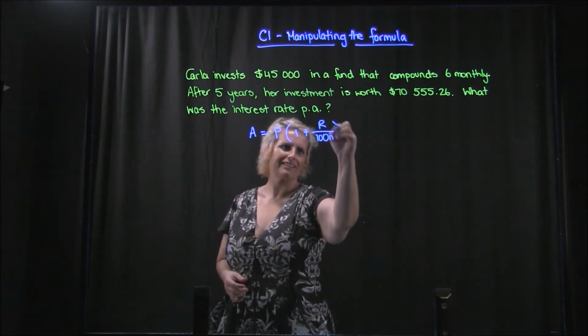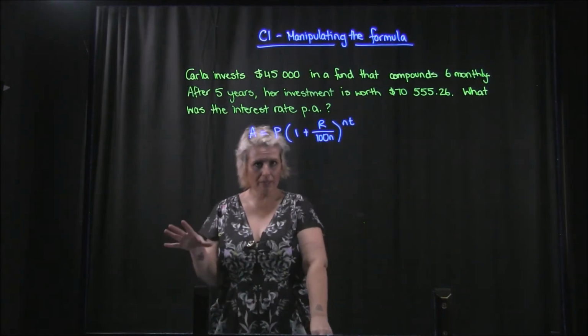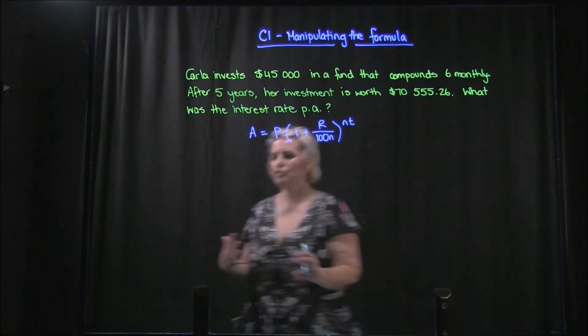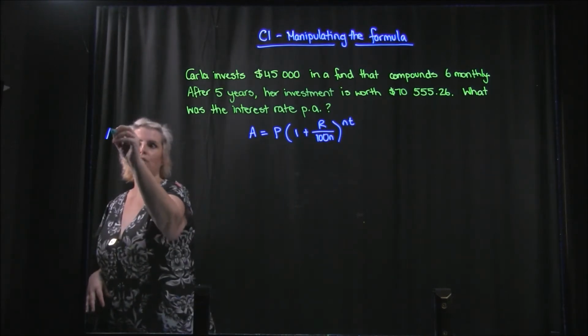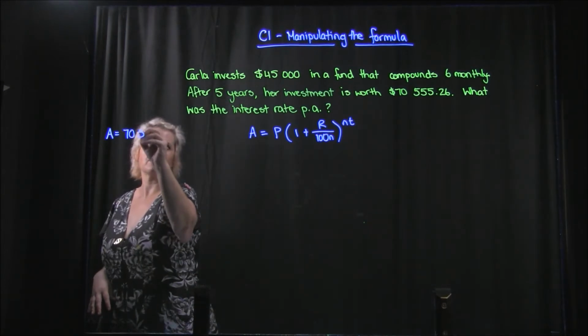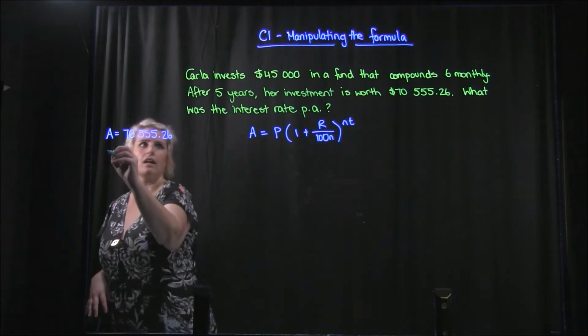Okay, and then just like we did when we manipulated the simple interest formula, we plug in what we know. So off to the side here, I'm just going to make sure that we know what we've got. So our total amount is $70,555.26.